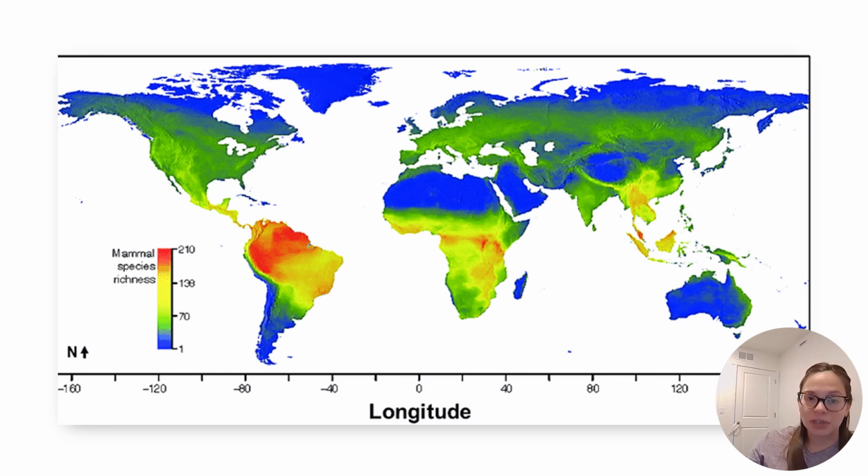Diversity starts to decline towards higher latitudes, reflecting increased climatic extremes, lower primary productivity, and greater seasonality. These patterns help us see that warm, stable environments promote mammalian diversification, while harsher climates support fewer but often more specialized species. And I thought it was a really good map to visualize diversity.